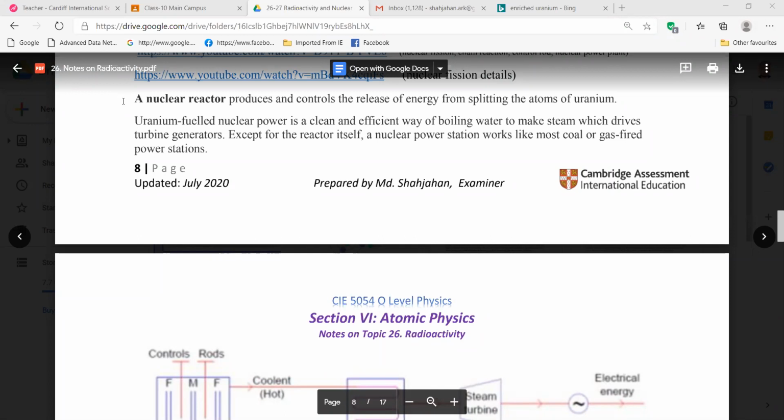So here this term came, clean and efficient. This is the advantage of a nuclear power station. There are some disadvantages also: they are very expensive, there are some risks, and if you can maintain it properly, it is a good one.